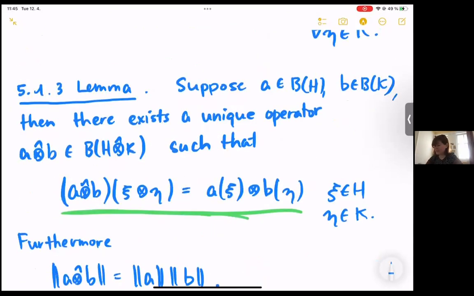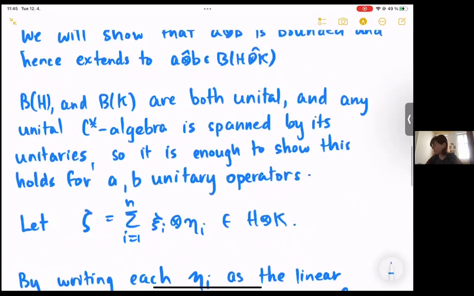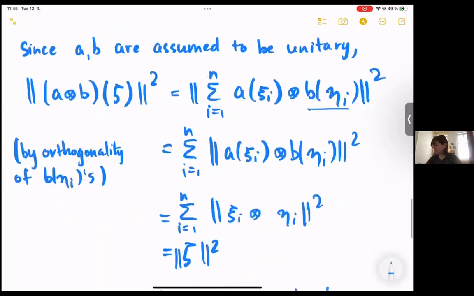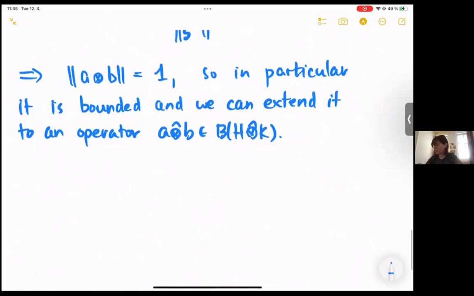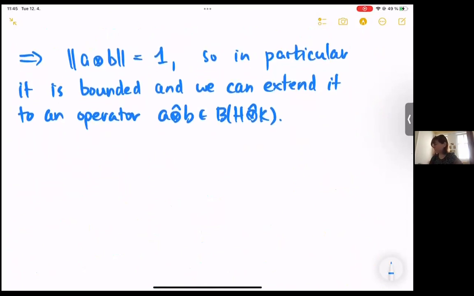And as I said at the beginning, uniqueness is then clear. So we just need to check the condition on the norm.